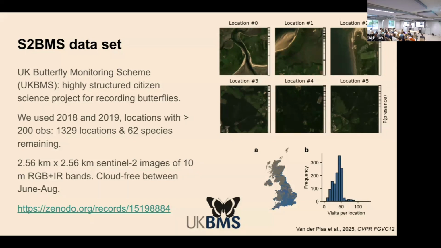The exact route is not revealed on GBIF, but it's obscured to a 2 by 2 kilometer grid. So the goal is to predict from this 2 by 2 kilometer area the species distributions of 62 different species. Our curated data set we also make separately available on Zenodo.